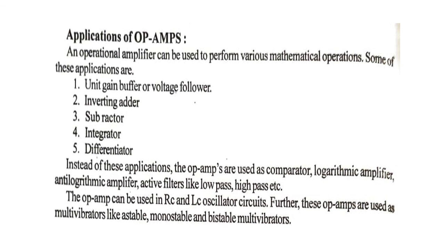Some of these applications are: first, unit gain buffer or voltage follower; second, inverting adder; third, subtractor; fourth, integrator; and fifth, differentiator. Besides these applications, operational amplifiers are used as comparator, logarithmic amplifier, anti-logarithmic amplifier, and active filters like low pass and high pass, etc.